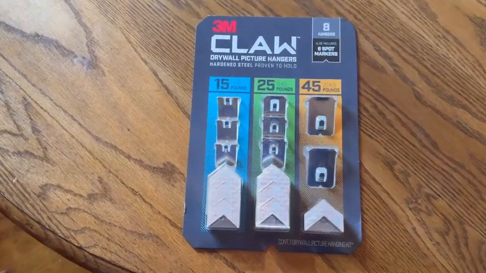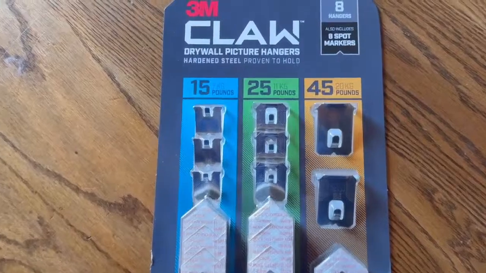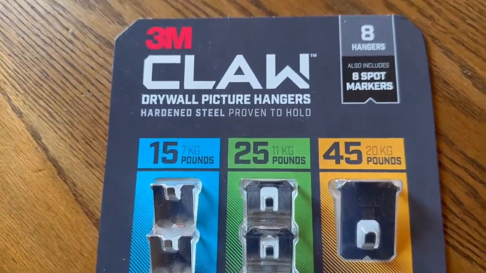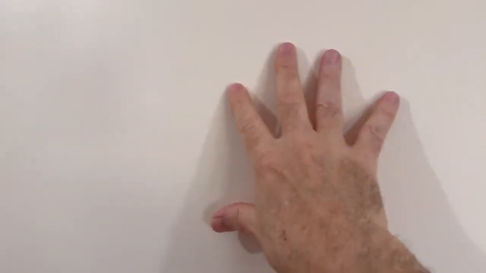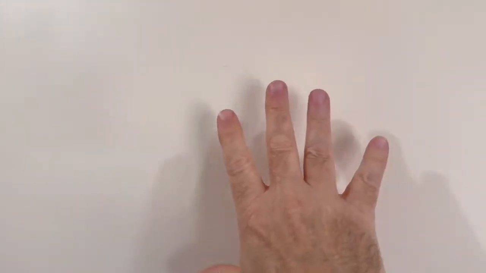I decided to try these 3M claws that are supposedly able to handle heavy weights. They're supposed to work on simple drywall. And like I said, this drywall has cinder blocks behind it, so you cannot drill a pilot hole to hold a heavy weight.